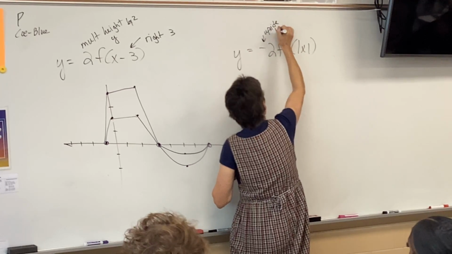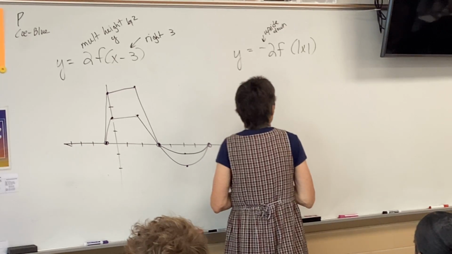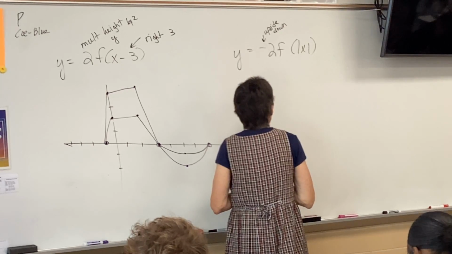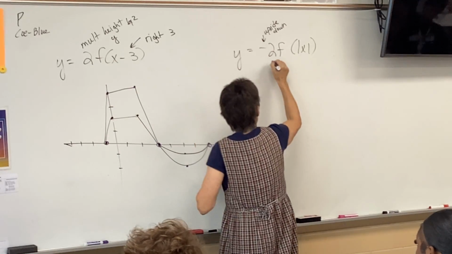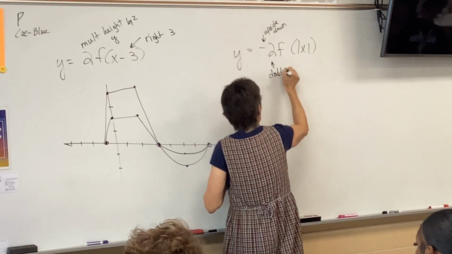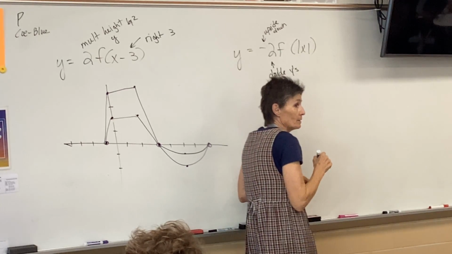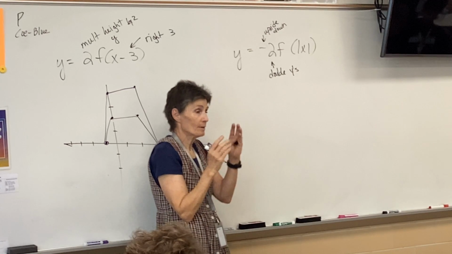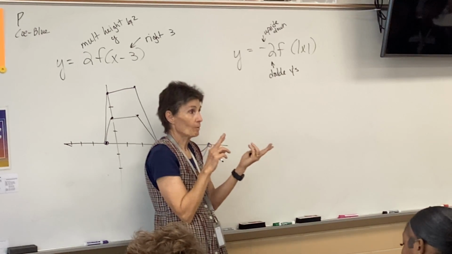Upside down, okay. That's going to double the y's. This is not bottoms up. That's the little absolute value, and the little absolute value is draw right, mirror left.